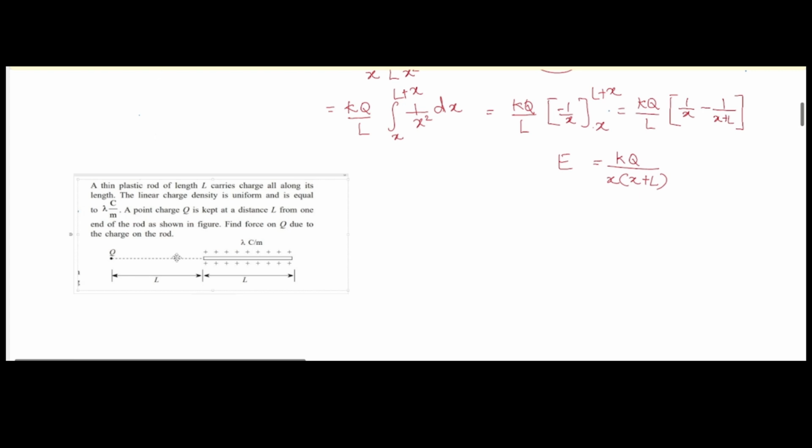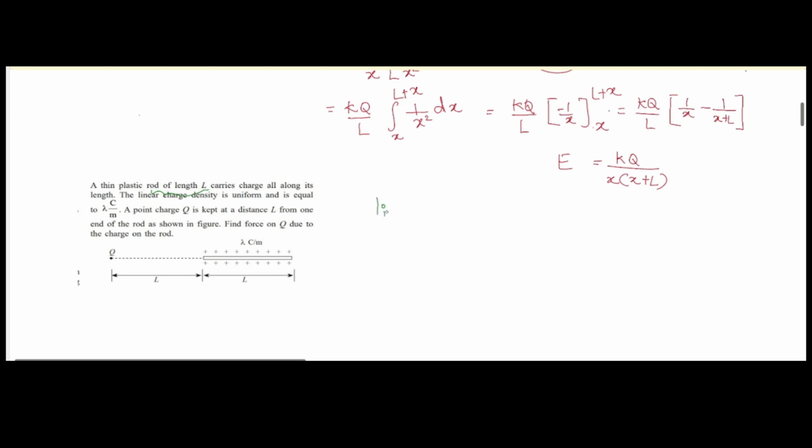Let's go through this question. Here the same thing. The rod of length L carries a charge along its length. Linear charge density is uniform and is equal to lambda.